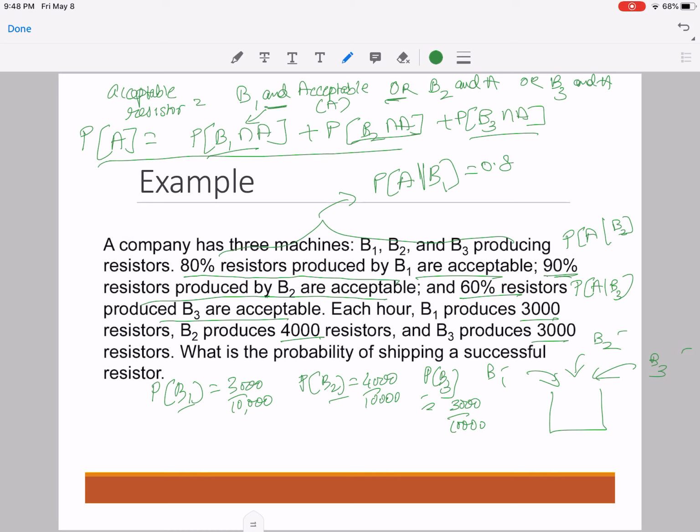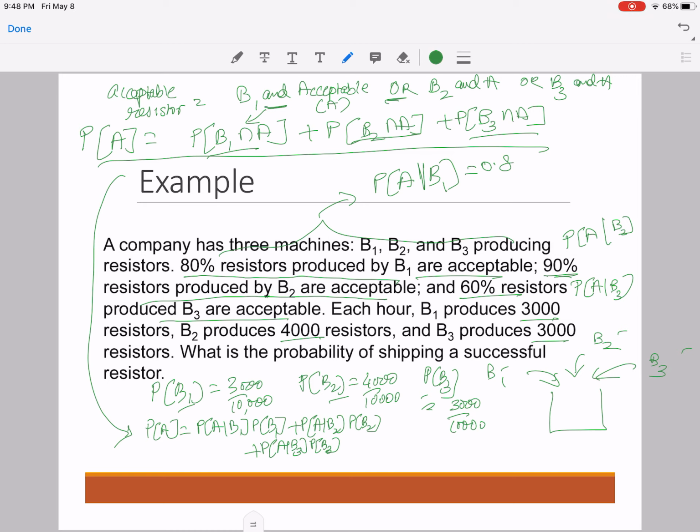So I can rewrite this equation somewhere here. Let me write it like this. The probability of A is equal to the probability of A given B1 times the probability of B1, plus the probability of A given B2 times the probability of B2, plus the probability of A given B3 times the probability of B3. I have obtained the numerical values of all these individual terms. Specifically, the probability of A given B1 is 80%, so that's 0.8.